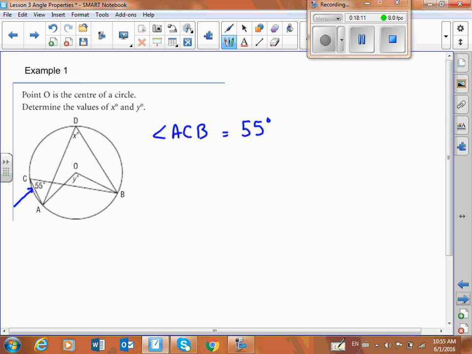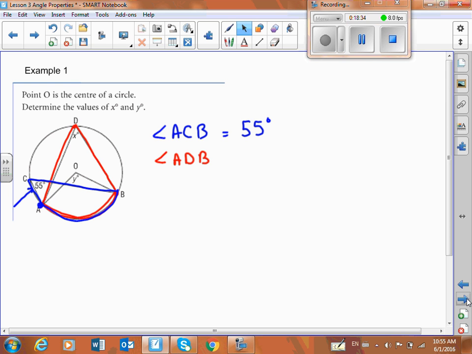Okay? We are looking for angle ADB. Common arc AB. Maybe I should have highlighted this one in blue first. Okay, we got that common arc at AB.